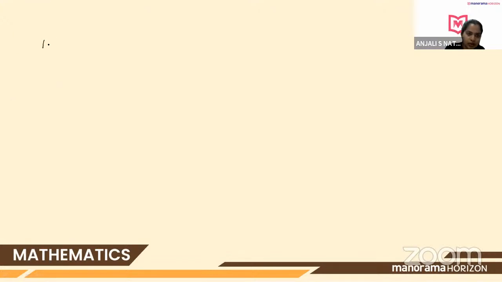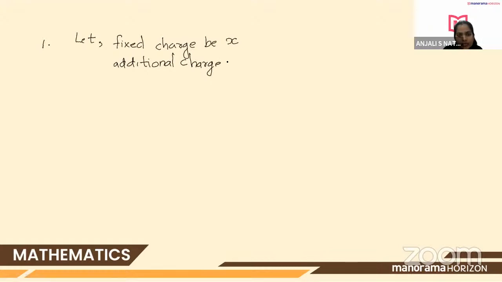First we have to find the fixed charge and the additional charge. So let the fixed charge be rupees x and the additional charge be rupees y.